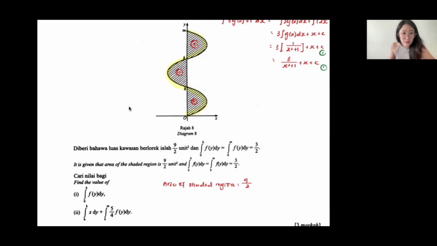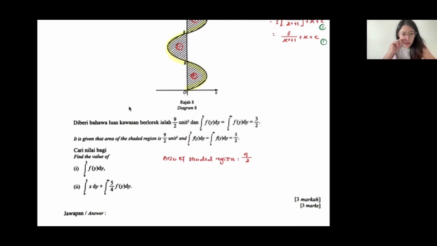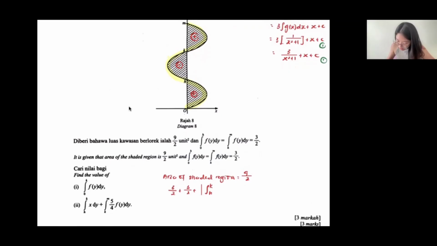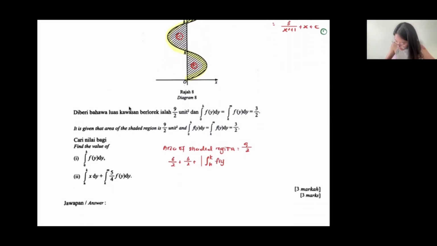From 0 to h and k to m, the question told you already, it's both 3 over 2. So from 0 to h is 3 over 2, another one is also 3 over 2. Then what is in the middle? It's the modulus of the integral from h to k of f(y) dy.